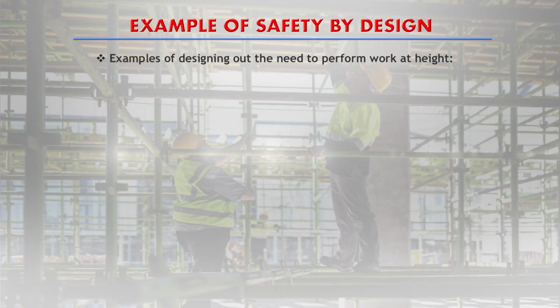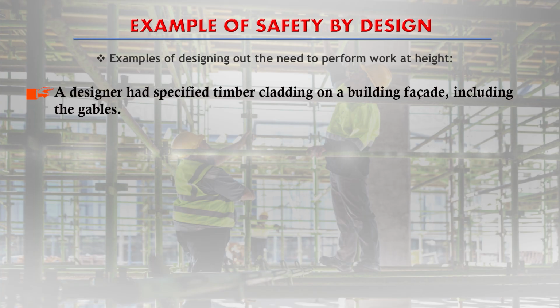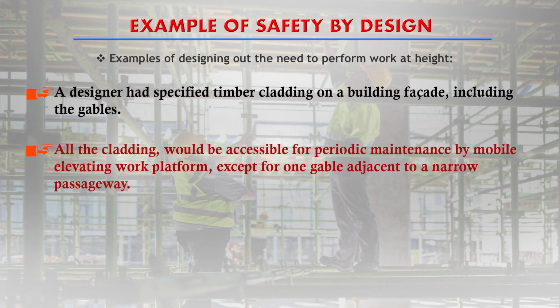We will see the next example of safety by design. It is designing out the need to perform work at height. A designer had specified timber cladding on a building facade, including the gables. All the cladding would be accessible for periodic maintenance by mobile elevating work platform, except for one gable adjacent to a narrow passageway, because in a narrow passageway that mobile platform cannot go.